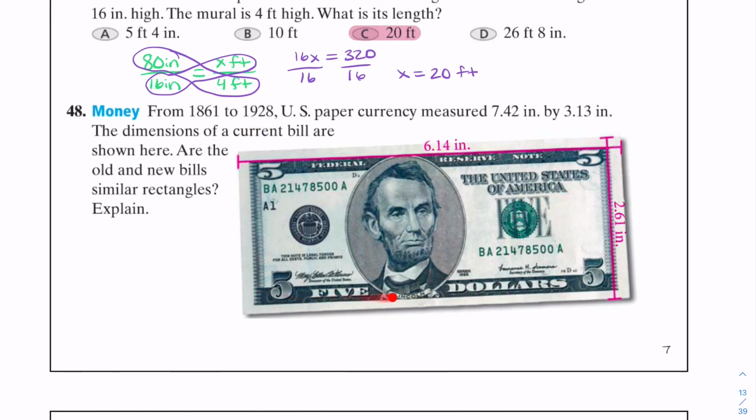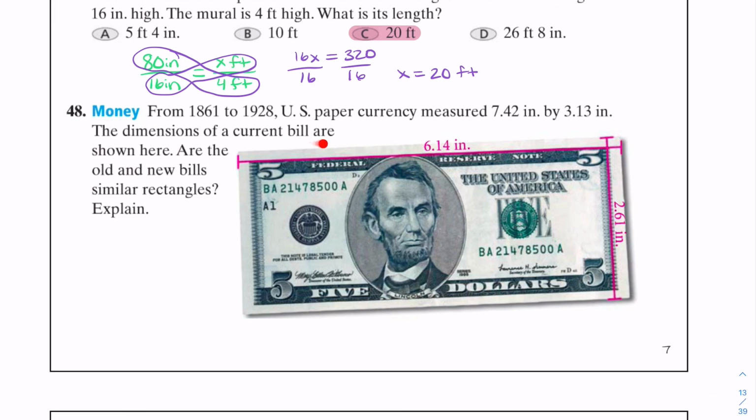So maybe by shrinking the size of our bills, we'd probably save money on the printing costs. That might be one of the reasons, or to restructure the dollar and give it a different approach, to build some faith back into the system during the Great Depression or afterwards.